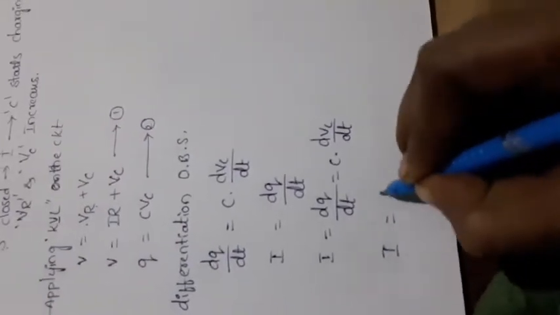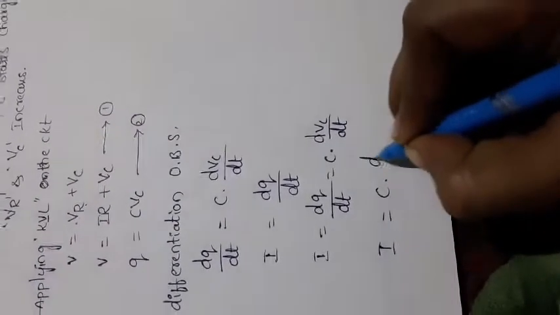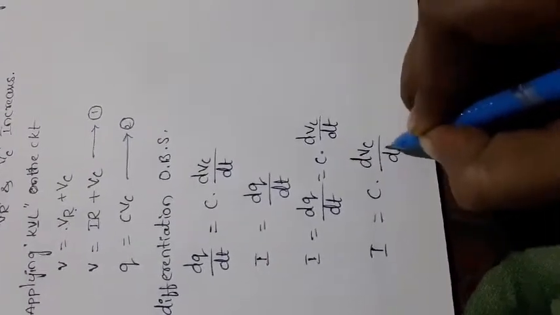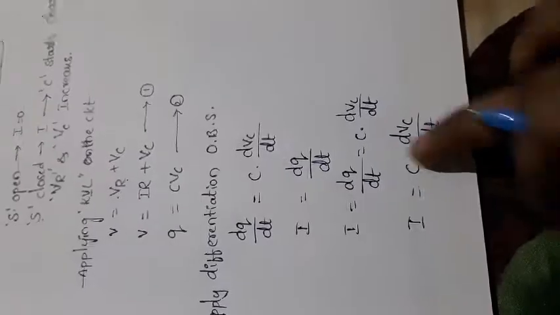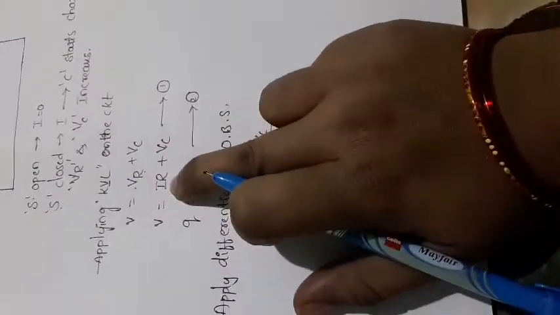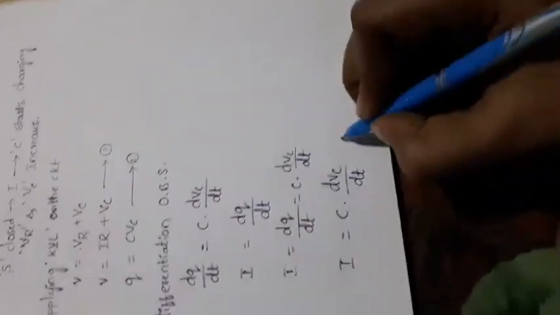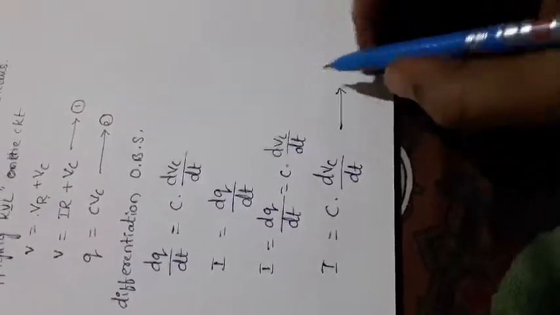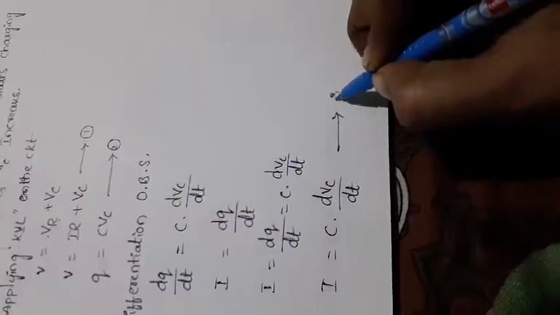Now we can say that the I value in terms of the capacitor is C into dVC/dt. Now we get the I value, so you can write it in this place. This is our equation number 3.